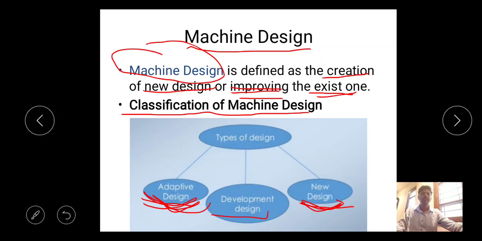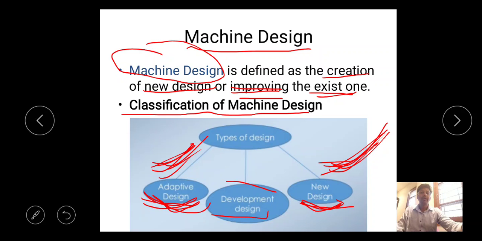So that is called new design. If a machine is already working and you are improving it, that is adaptive design. If you are developing your own, that is different, that is new, and it is called new design.